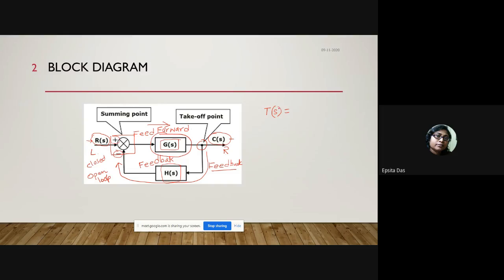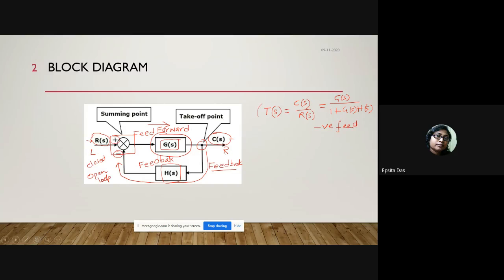For this particular system it is C(s) by R(s), and for a negative feedback the overall closed loop transfer function is G(s), the feed forward transfer function, upon 1 plus G(s) into H(s). This is the overall transfer function for a negative feedback.